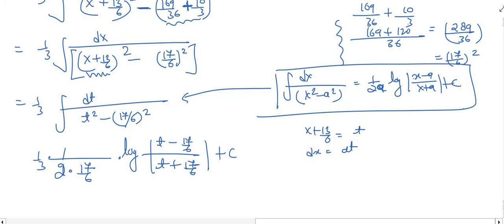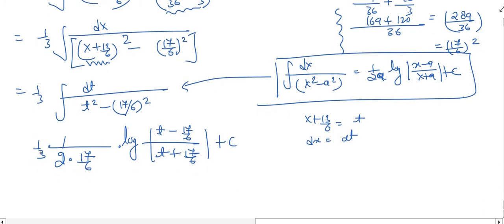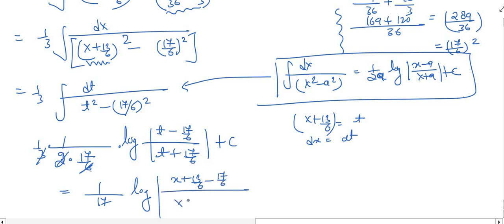We will simplify a little bit. This is 3 and 2 is 6, cancelling. So 17 log of t, I am putting back. T was x plus 13 by 6: (x plus 13 by 6 minus 17 by 6) by (x plus 13 by 6 plus 17 by 6). I hope you can simplify it.